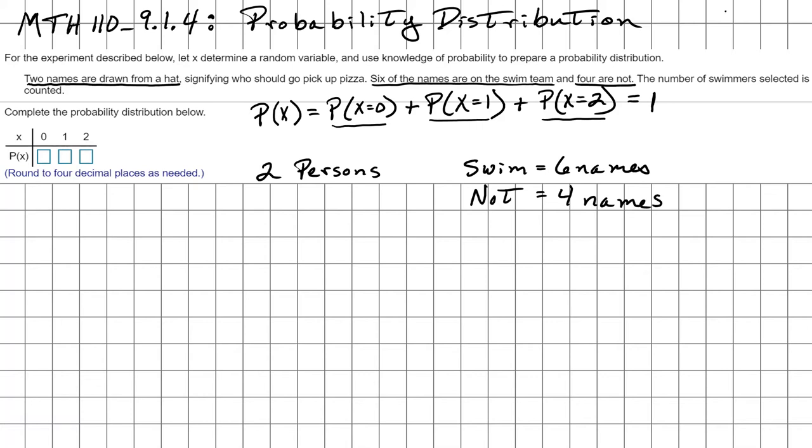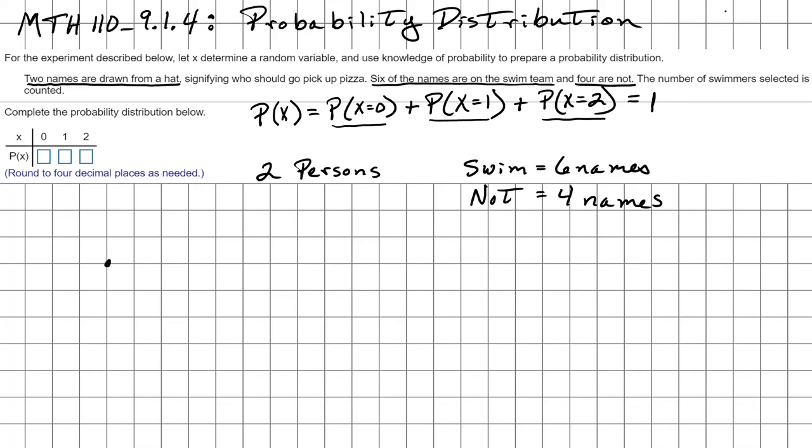And now what we need to do is understand that there are different combinations that happen here. We'll start by constructing a tree diagram for drawing the 2 names. And then once we've created the tree diagram, we will use the product rule for independent events to calculate the probability for those events.